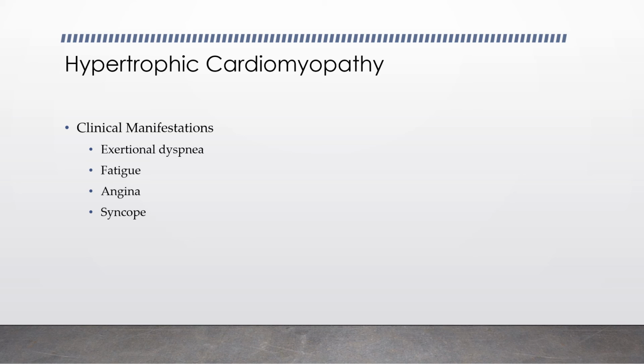I could have angina as well, because this increased muscle mass could actually compress some of my smaller coronary arteries, leading to chest pain because I'm unable to perfuse some areas of my heart. And syncope can result from either dysrhythmias or because I'm obstructing blood flow out through my aorta, because that ventricle is so enormous that it's obstructing blood flowing out into my body, which can cause syncope.